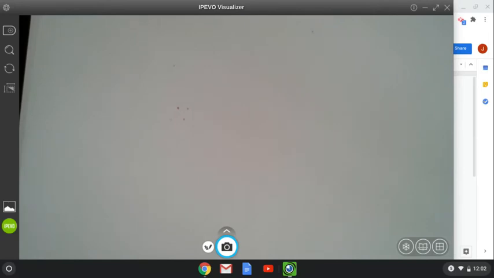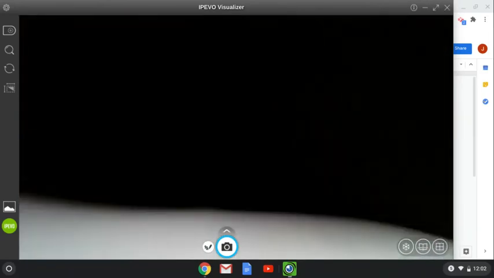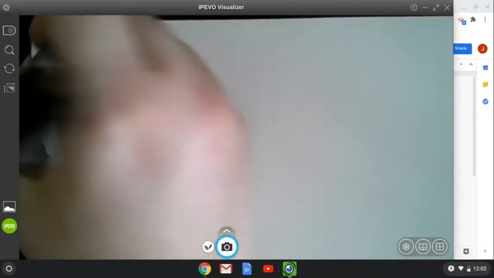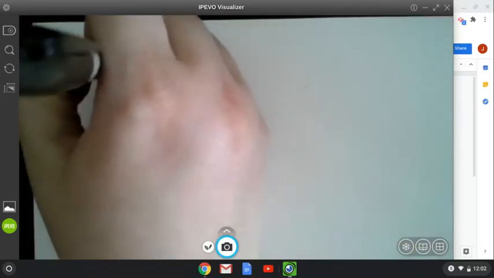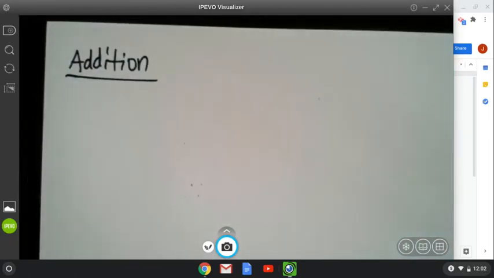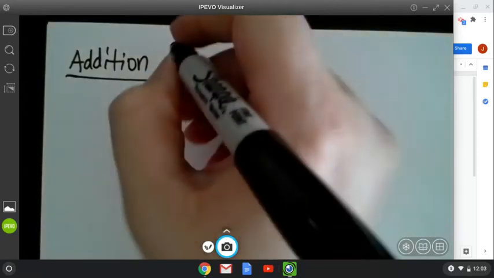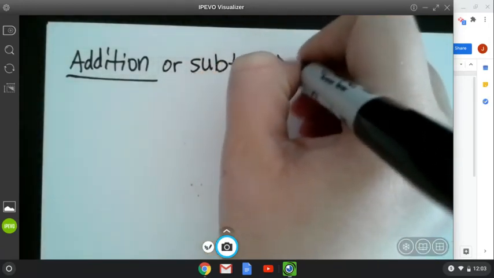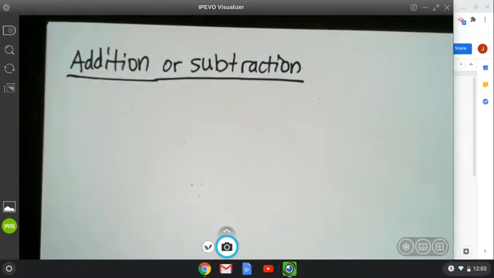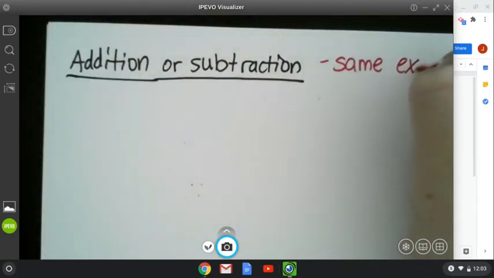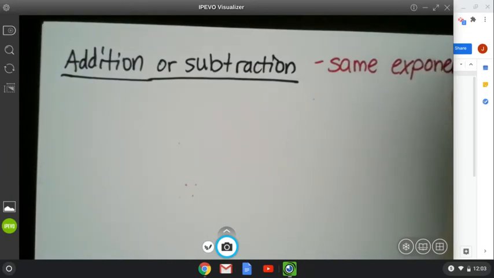With addition or subtraction, you need to have the same exponents. That's the rule that we're going to follow.